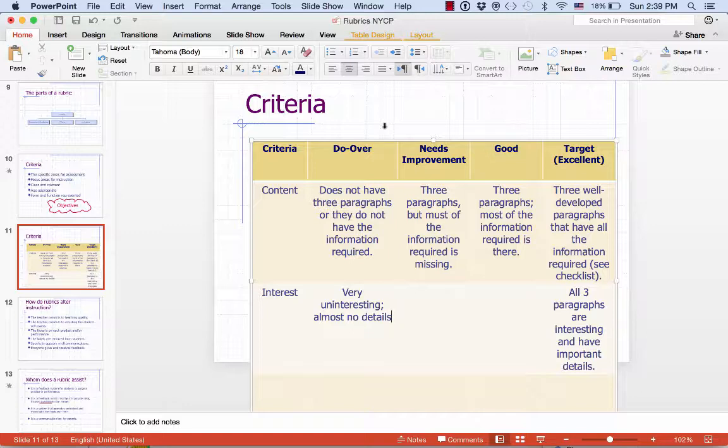I don't find it very interesting. Oh, okay, I can work on that. So by the time they give it to you, they have worked their very hardest to provide something that meets your expectations. As a class, you have said what a quality paper looks like, and they know what it looks like.